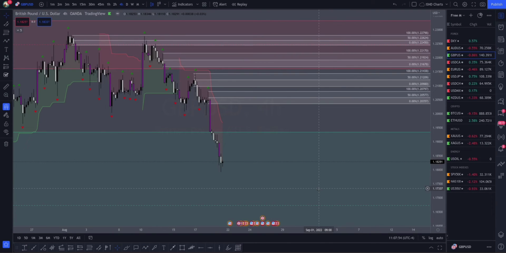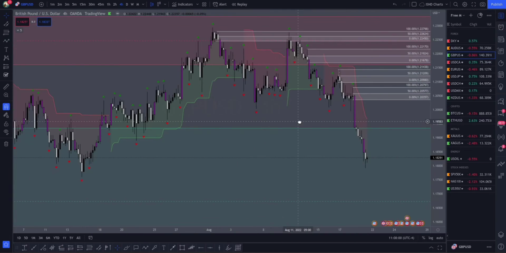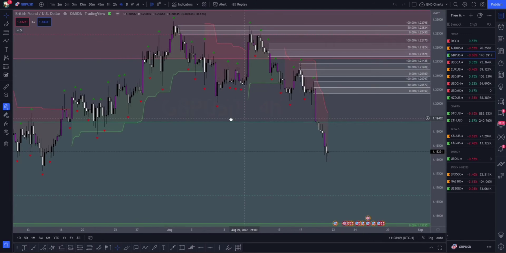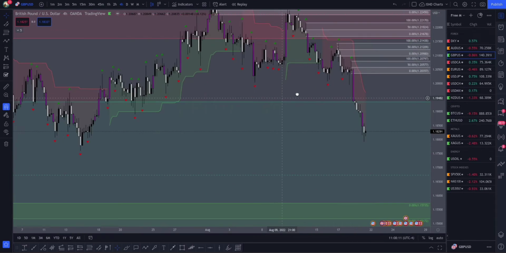Pound USD. Short-term currency bias is bullish, or long. We are sitting inside of institutional accumulation, so that may work in our favor to catch this pair going long.